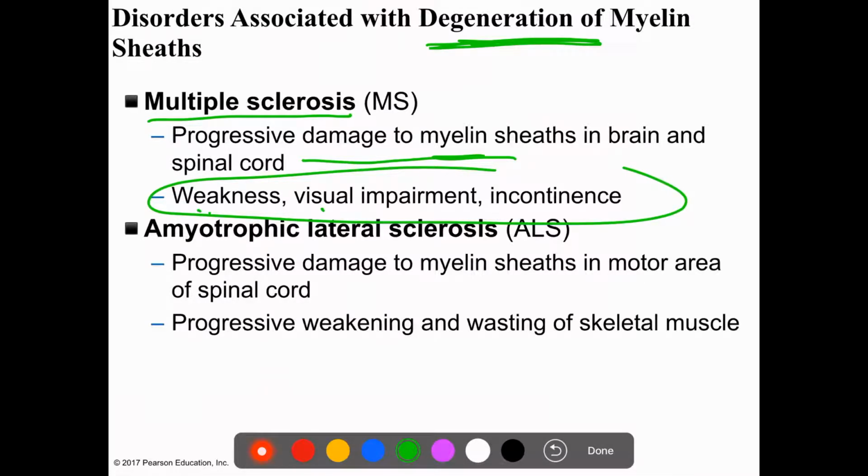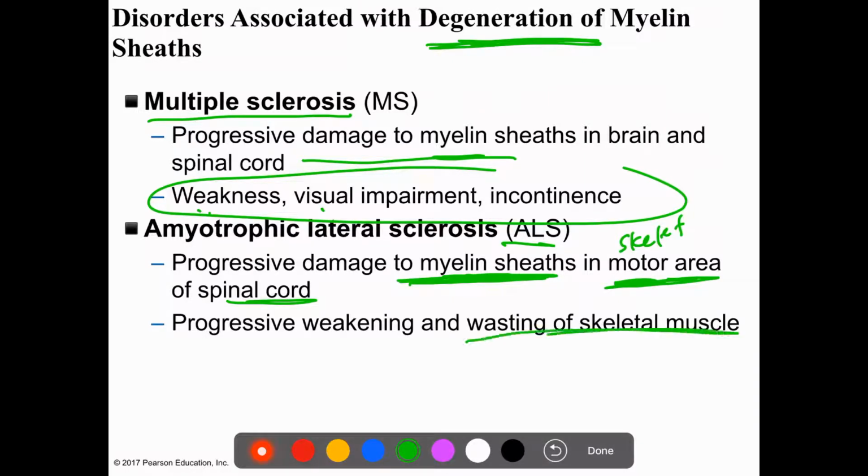Also, there is the amyotrophic lateral sclerosis, or the ALS. This is a degenerative disease where the myelin sheath is degenerated, but in the motor area of the spinal cord. So it affects the motor area, the area responsible for giving the orders for our skeletal muscles.